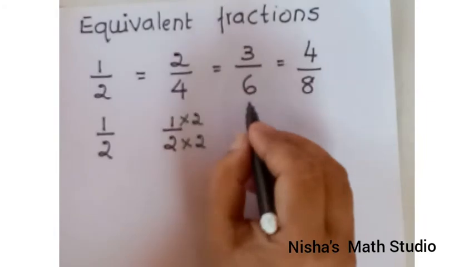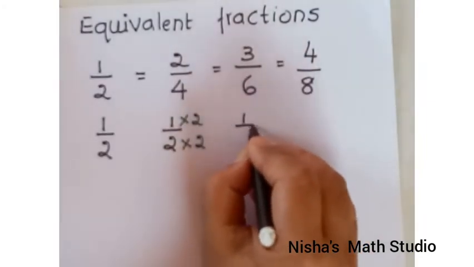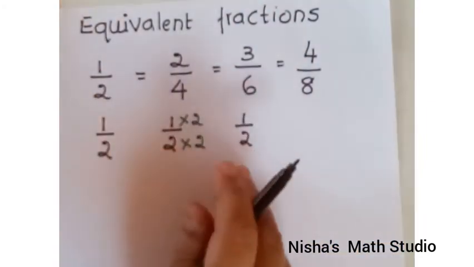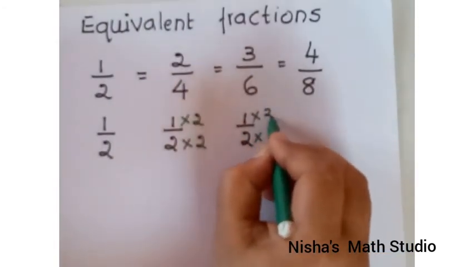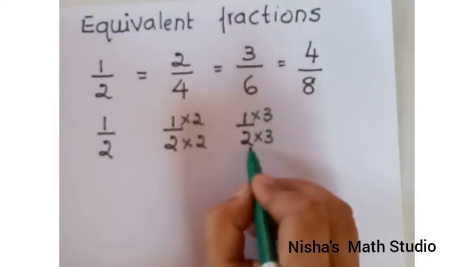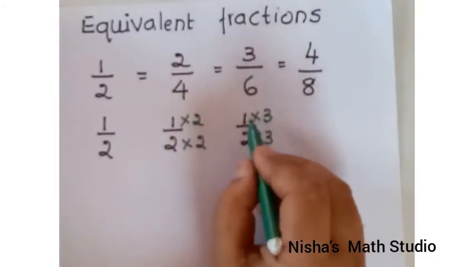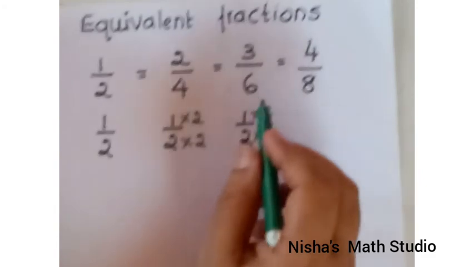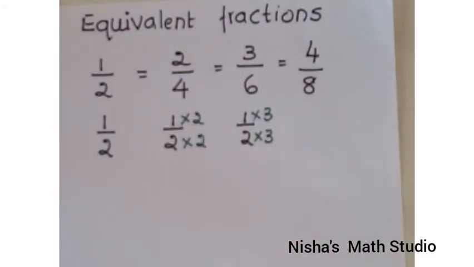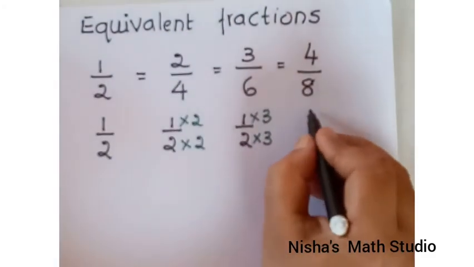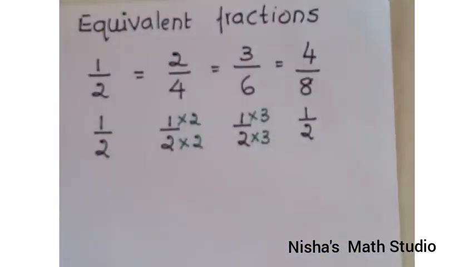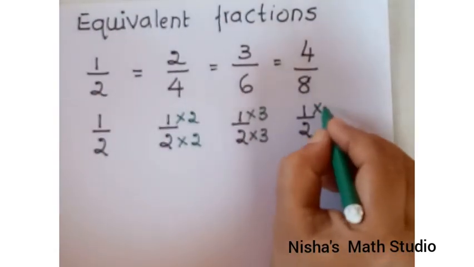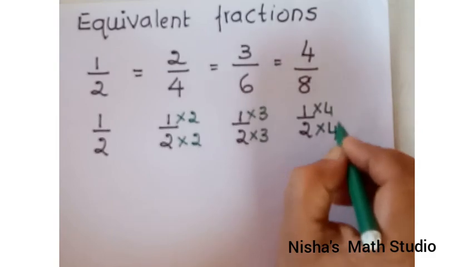Similarly, the third fraction 3 by 6 is nothing but 1 by 2, the first fraction itself, multiplied by 3 in the numerator and the denominator. So 3 ones are 3, 3 twos are 6. Similarly, the last one, 4 by 8, is obtained by multiplying 1 by 2 with 4. 4 ones are 4, 4 twos are 8.